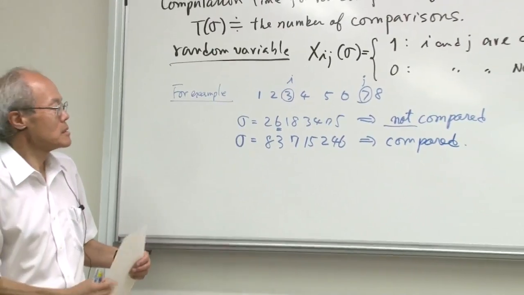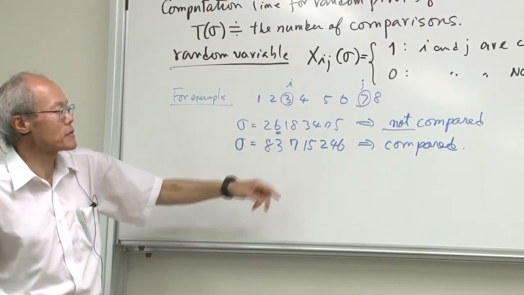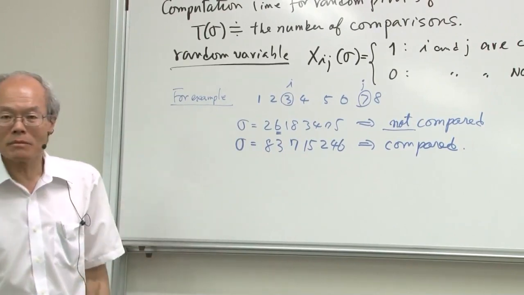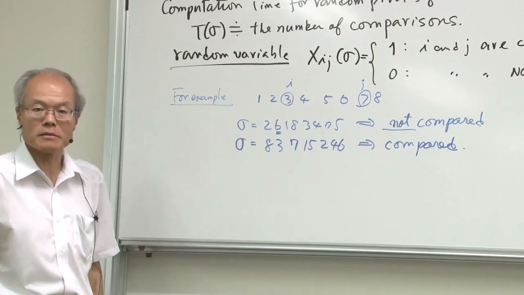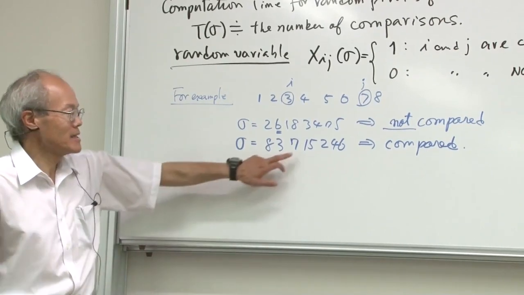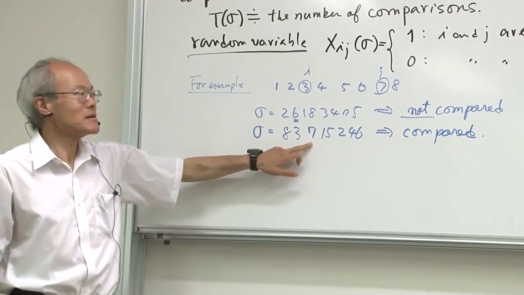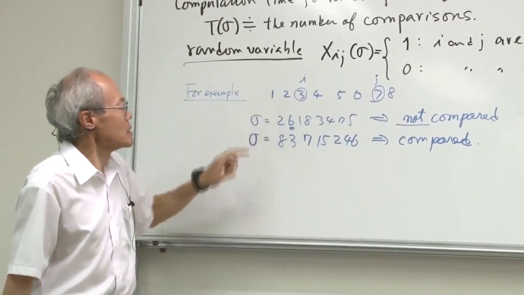What about this? Now the pivot sequence is 8, 3, 7, 1, 5, 2, 4, 6. This time, 3 and 7 are compared. Why? 8 is nothing to do with them. But 3 is important.